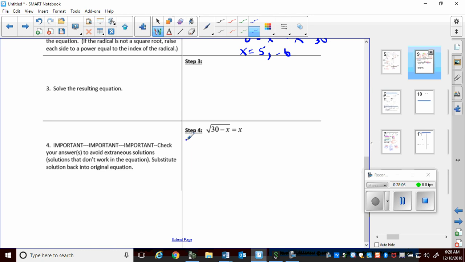So check my work. The square root of 30 minus 5 should equal 5. The square root of 25 does equal 5. Now, on the right, the square root of 30 minus negative 6 should equal negative 6.